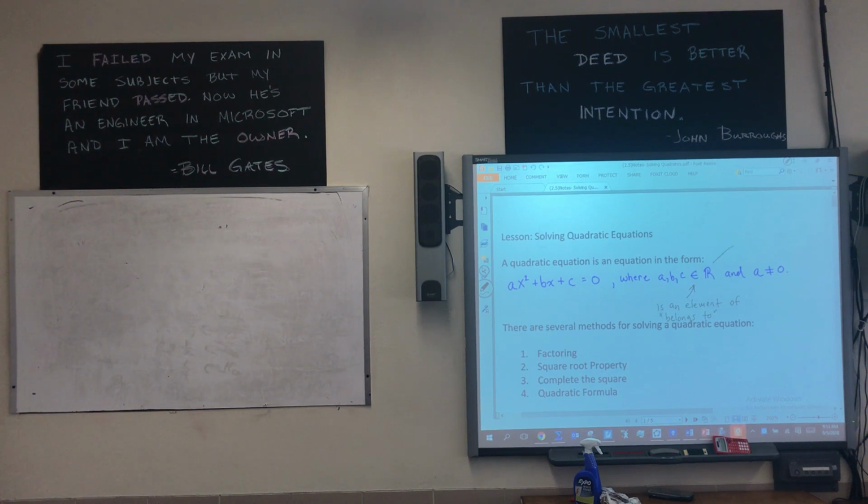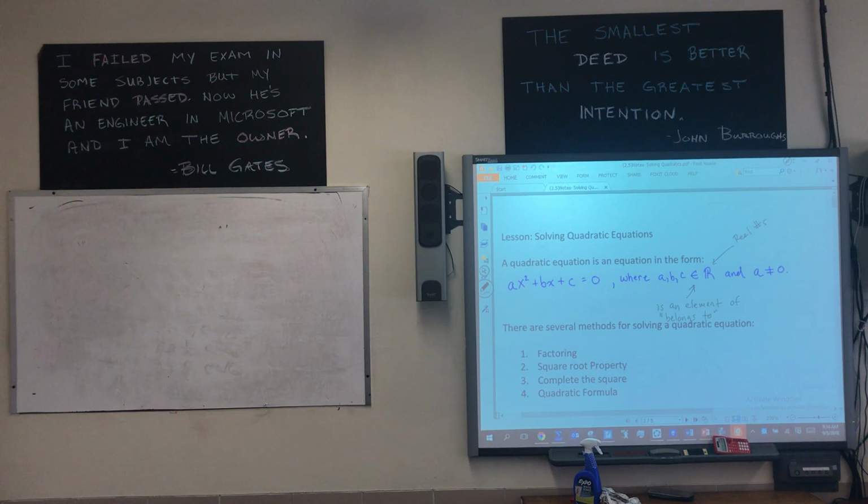And obviously, that symbol represents your real numbers. Meaning that a, b, and c could be anything. We like them to be integers, but they could be rational numbers, they could be fractions, which are rational numbers, they could be pi, they could be e, maybe whatever they want to be. Okay?